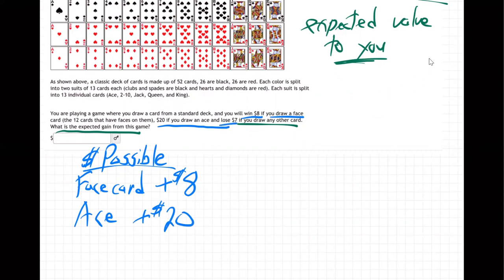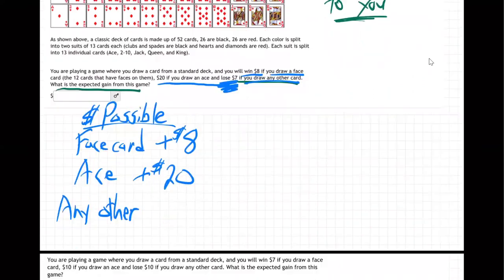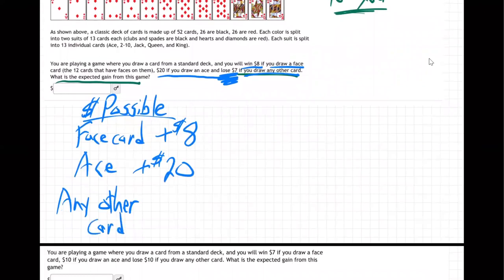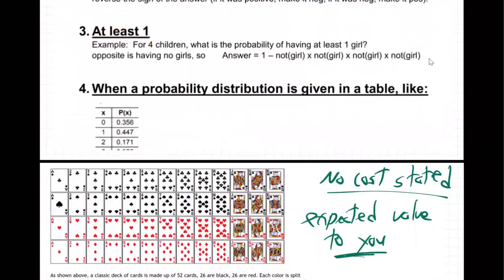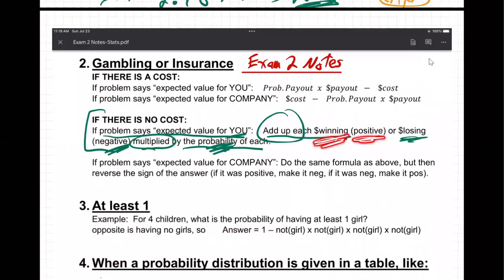And then you'll lose $7 if you draw any other card. Any other card, you're going to lose, that's negative 7. So you see how I've made the wins positive and the losses negative. That's what it told me to do in the notes, right? Winning is positive, losing is negative.